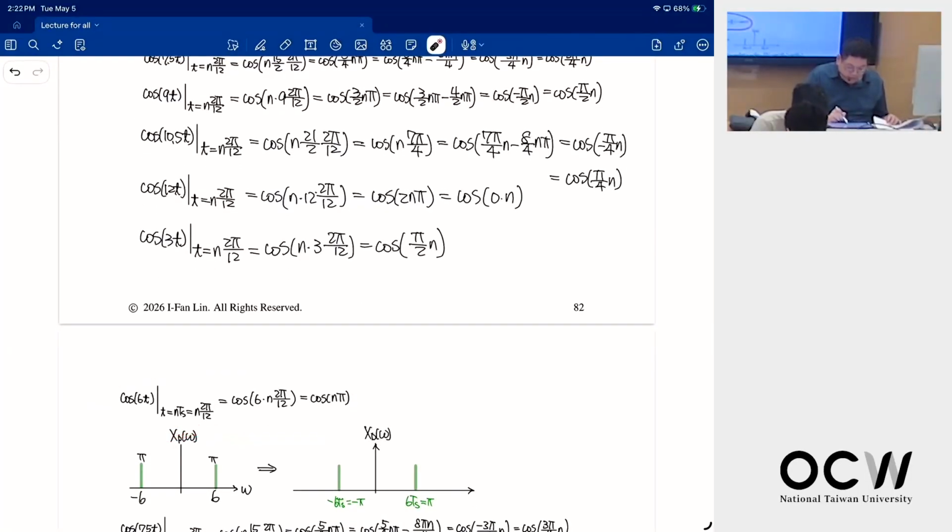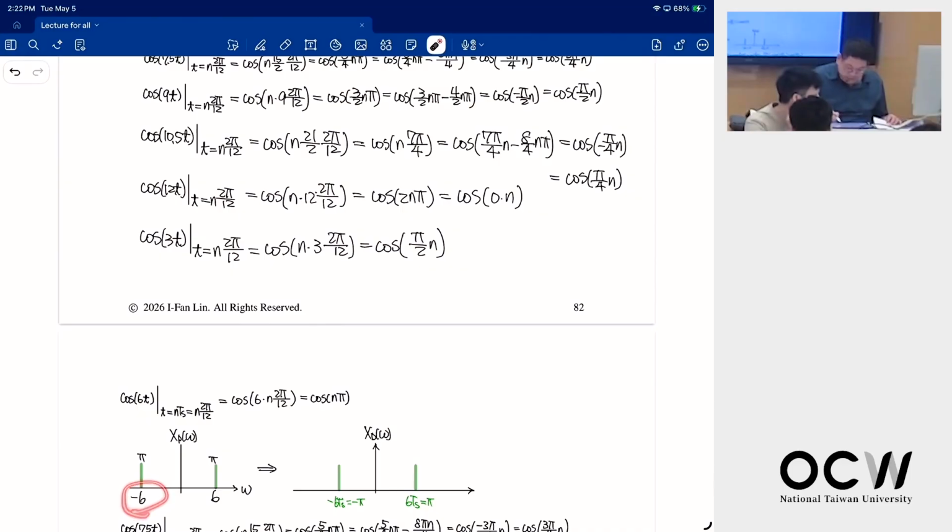For this one, if I sample it, here is my Fourier transform. Because it is 6, we have 6 and minus 6, and we have pi. But for the discrete time Fourier transform, what happens? This omega becomes omega times Ts, so it goes from minus pi to pi.